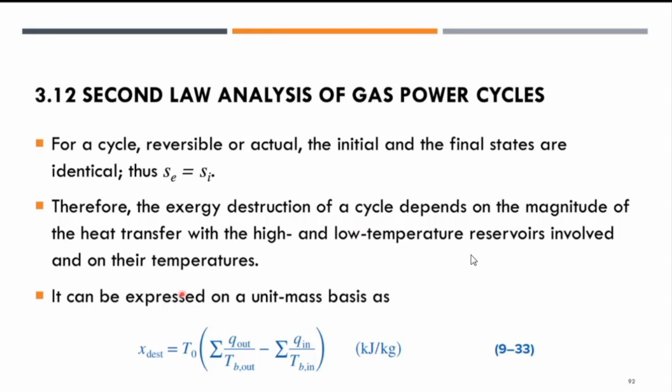So it can be expressed on a unit mass basis as follows. In expression 9.3, the exergy destruction equals the temperature T0 times the summation of Q out over T_B out minus Q in over T_B in. The unit is kilojoule per kilogram.